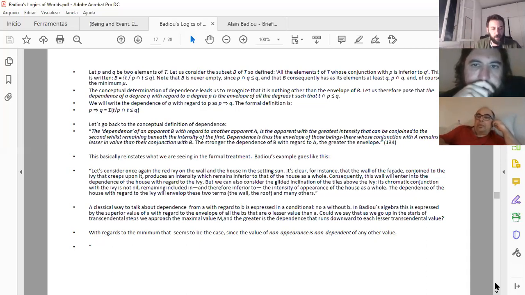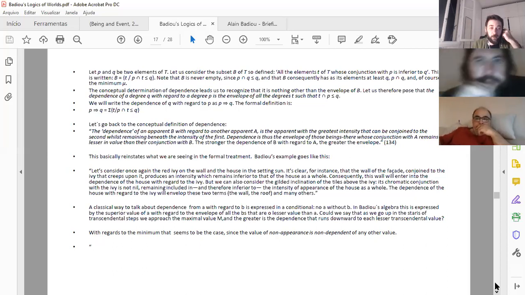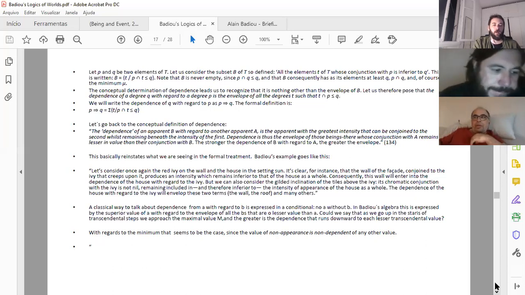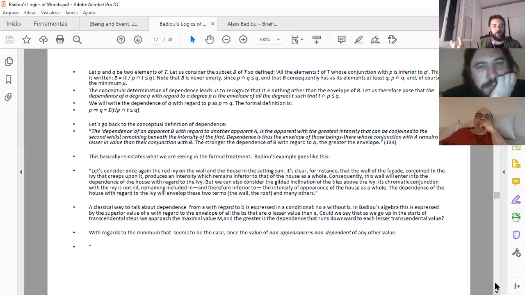Yeah, I find the section on dependence gives us such a broad definition. He focuses on this implicative structure that follows directly from the relations of the function of appearance.